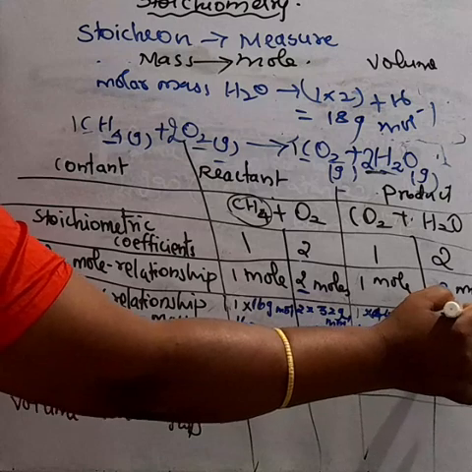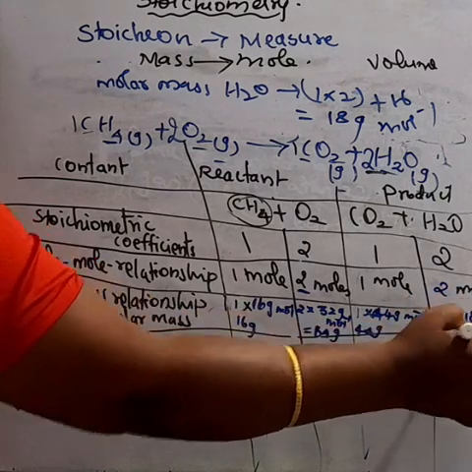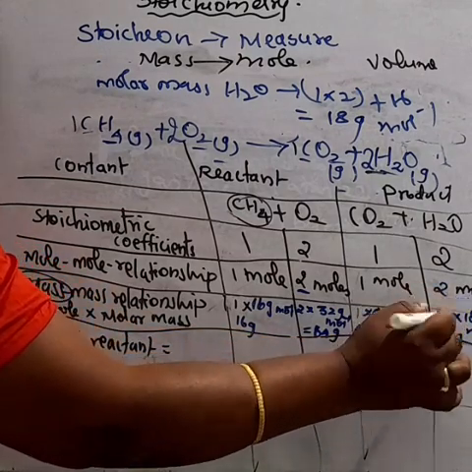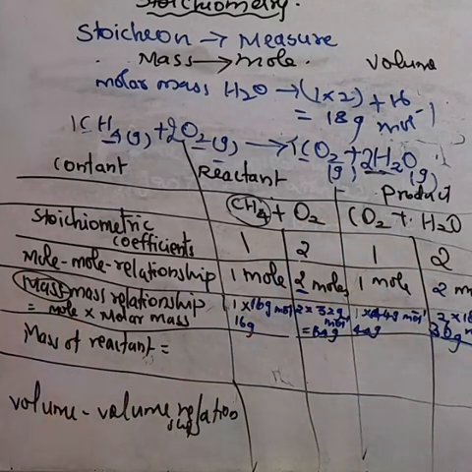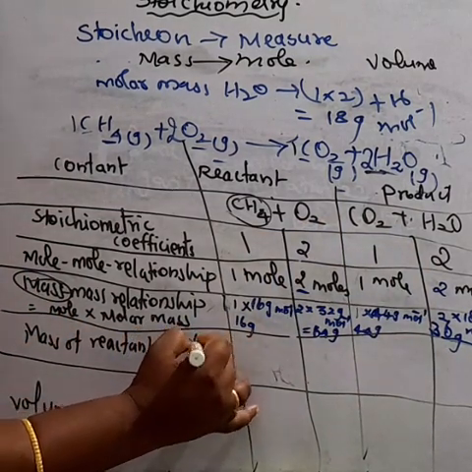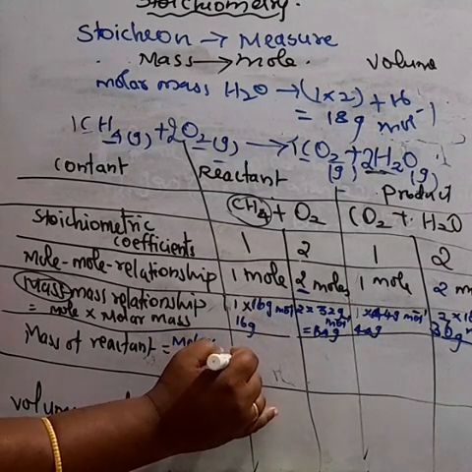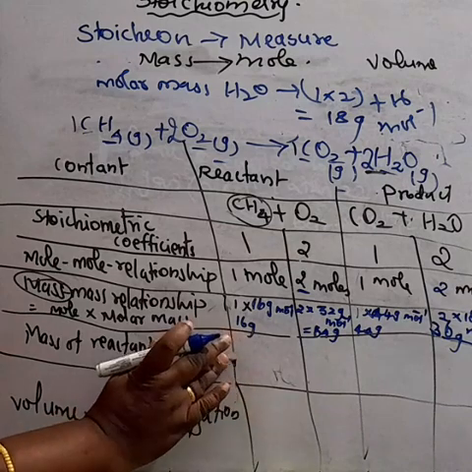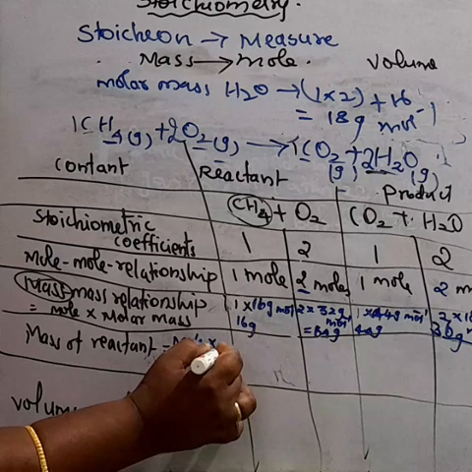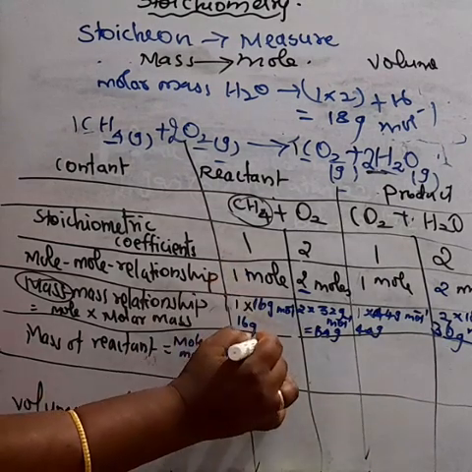Okay, and then the mass of the reactants. Mass is equal to number of moles into molar mass of the reactants. For methane, number of moles 1, molar mass 16, so 1 into 16 is equal to 16 gram.